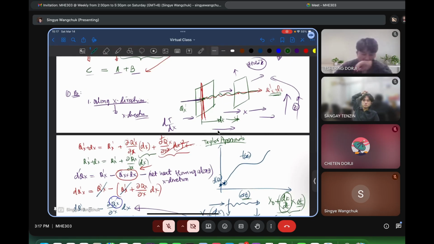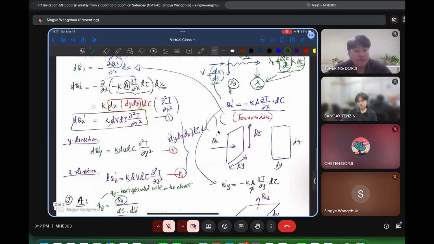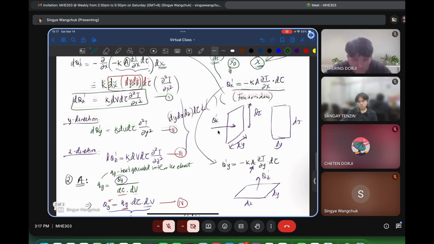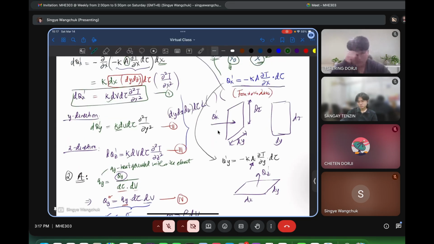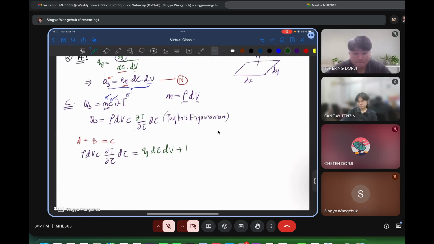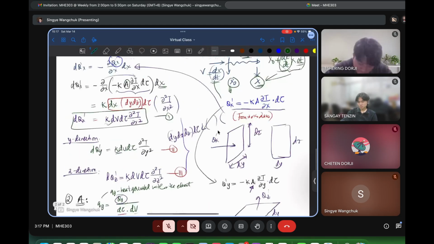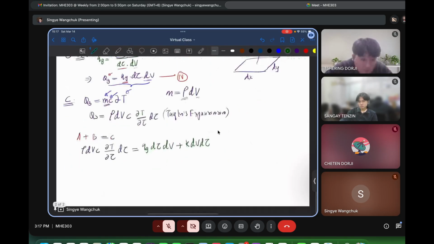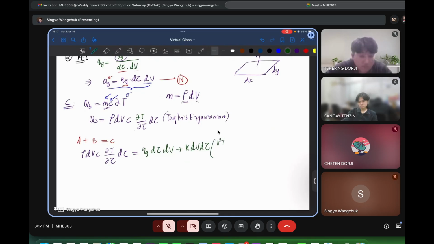If it were a different material, again there would be kz, ky, kx. So we use the same thermal conductivity, so we have k dV d tau, and we have dou squared T upon dou x squared plus dou squared T upon dou y squared plus dou squared T upon dou z squared.